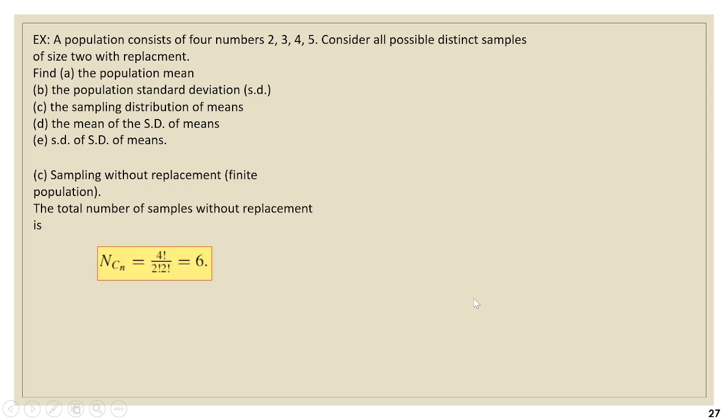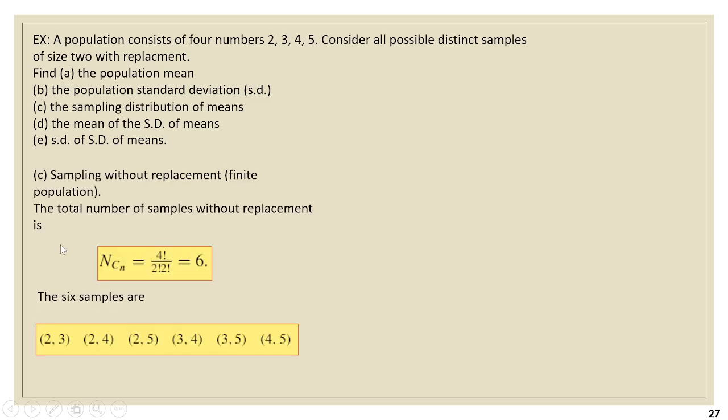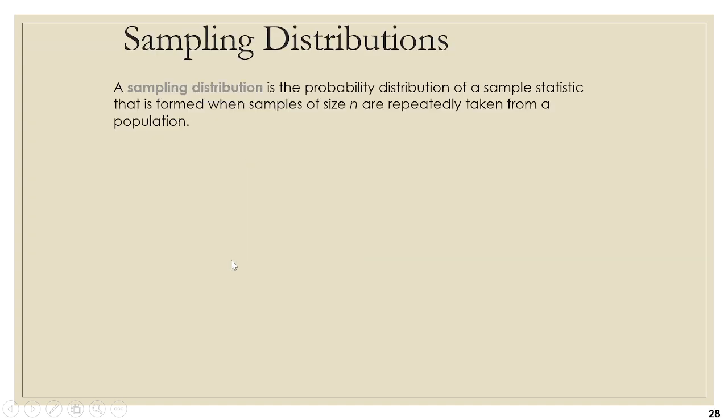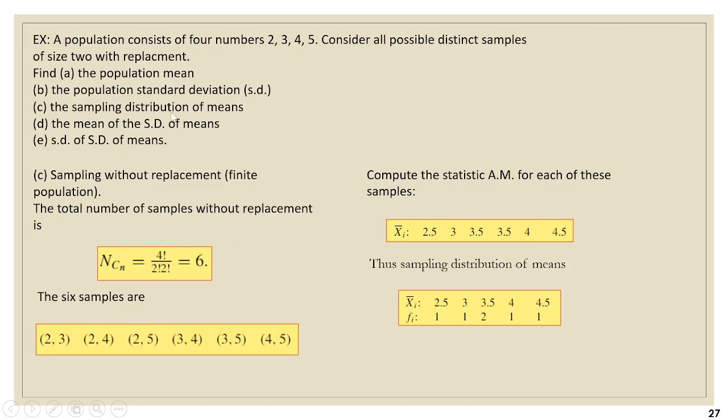Now going to the samples. We can take samples with replacement or without replacement. Actually, I kept it without replacement. So without replacement I have taken NCn, and you get 6 values.